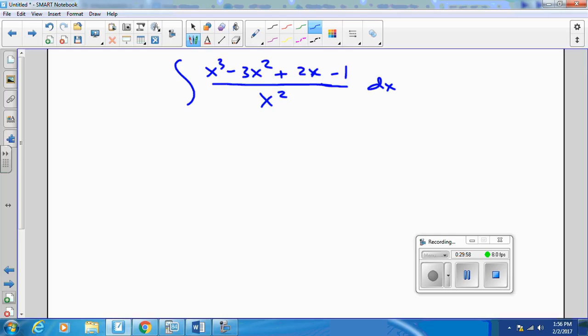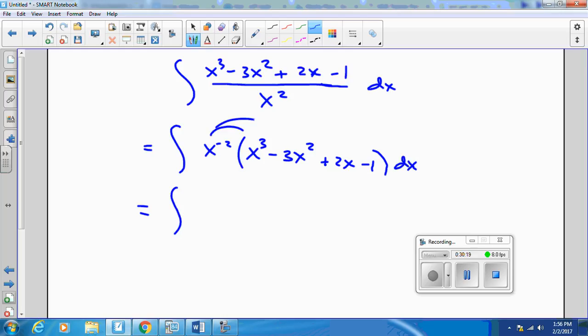And I can. I can rewrite this as 1 over x squared, or x to the minus 2 power, if you prefer, times x cubed minus 3x squared plus 2x minus 1.